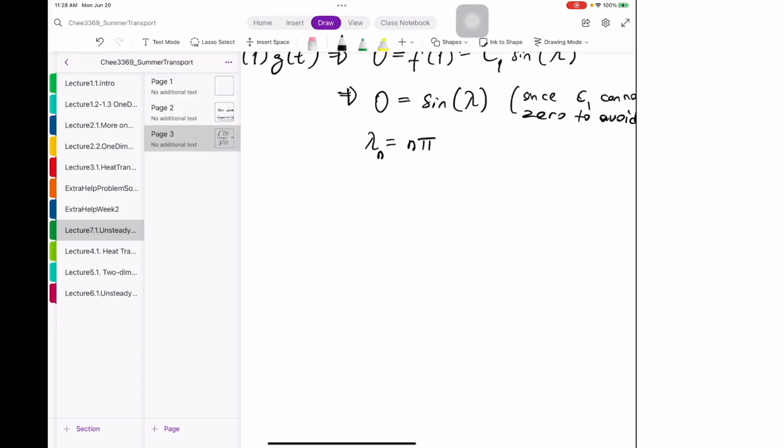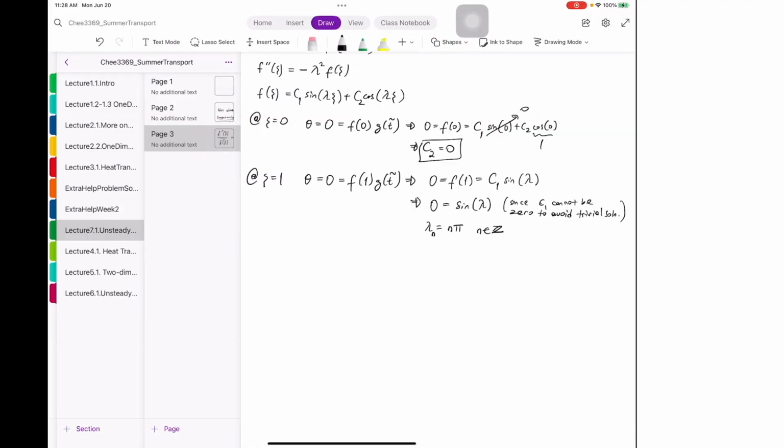N can be negative, so that, for example, the sine of negative pi is also 0. So let's say n is an element of the integer numbers. I don't have one particular solution. I can have infinitely many solutions, but I can label them simply with n.